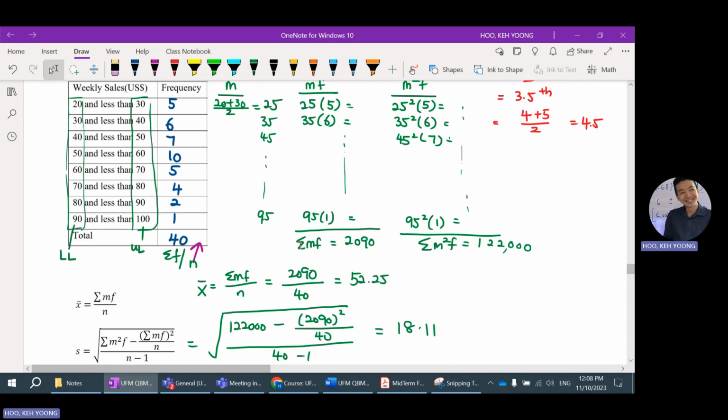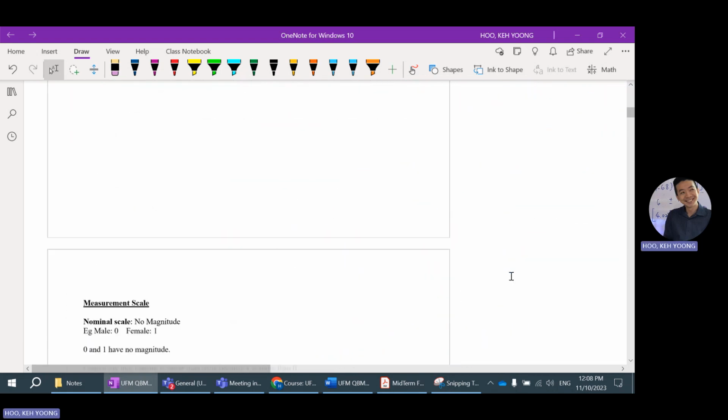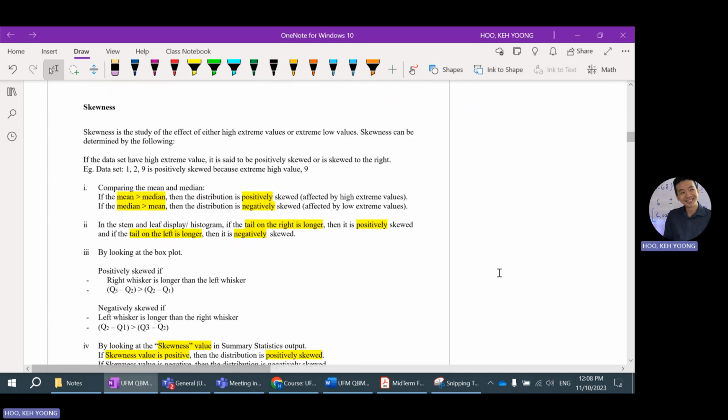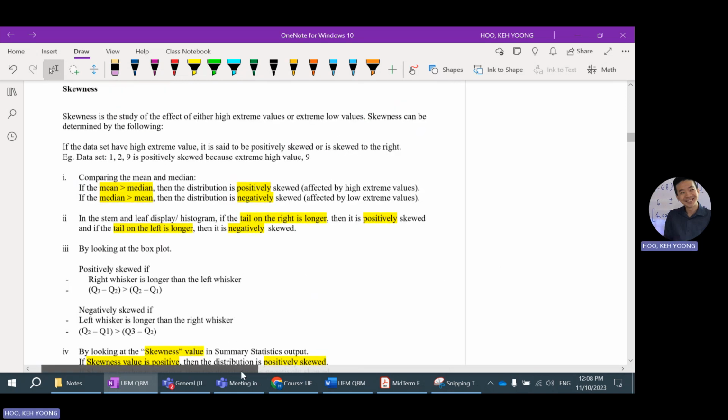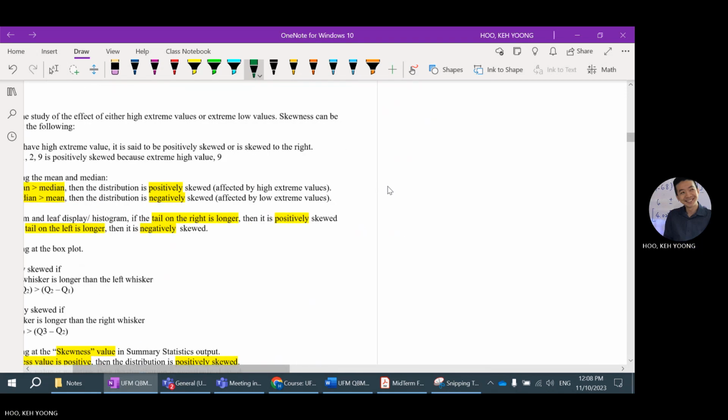Okay, question F, to comment about the distributions, you can look at these slides. So for stem and leaf, or histogram, if it's skewed to the right, my histogram will look something like this.